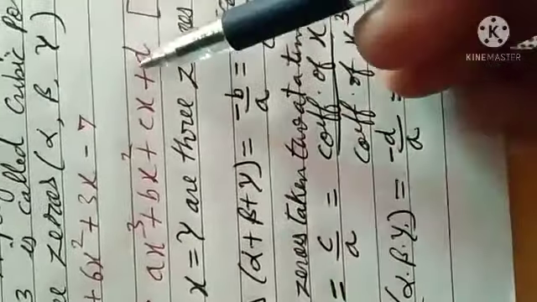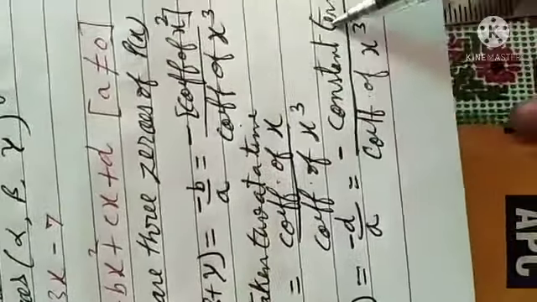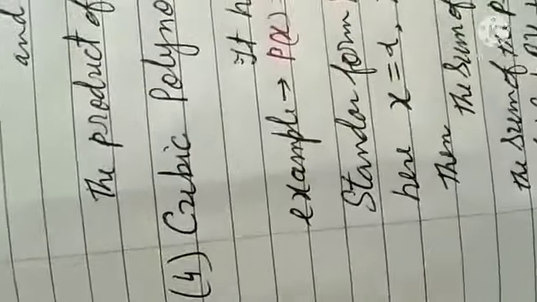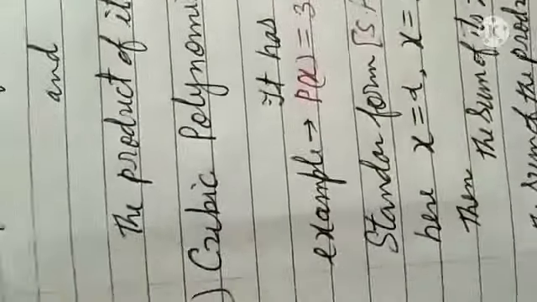Here d is the constant term, and a is again the coefficient of x cube. Okay, so this is the detail of the topic. We also have biquadratic polynomials, but up to cubic polynomial it is enough. Hereafter we can solve NCERT exercise 2.1.